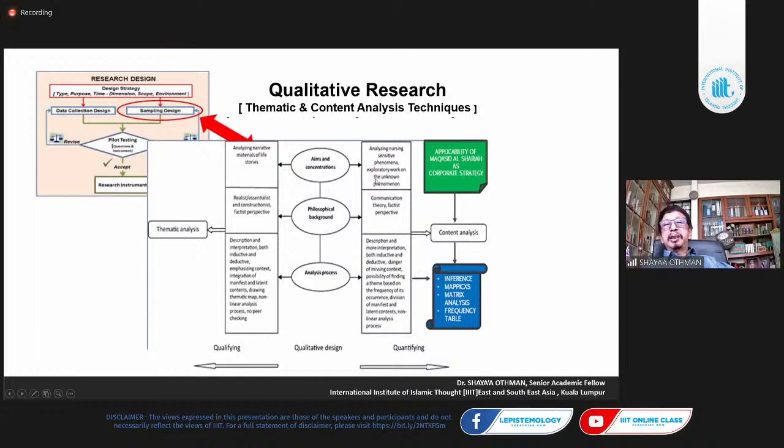The reason is that this methodology qualifies and can transform into statistical tables, metrics, analysis of frequency, and so on. That is interesting, and I use this method hoping it could be further developed.